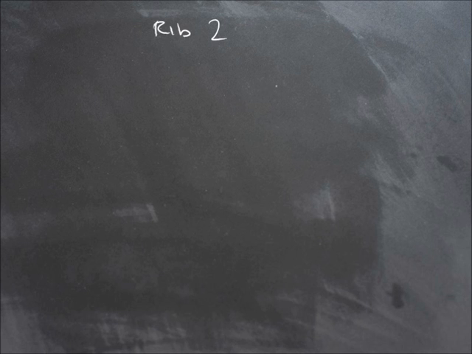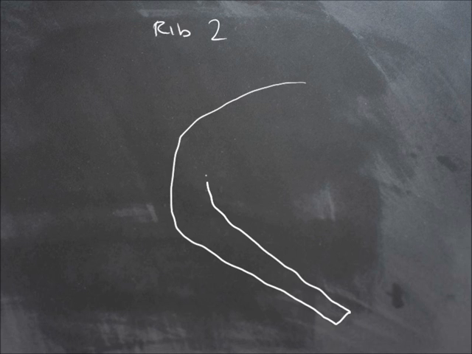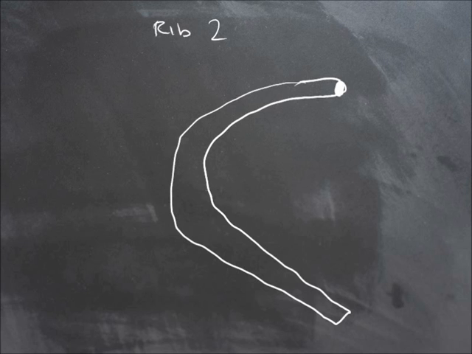Okay, again, posterior is here, anterior is here. We've got another single demifacet for that costocorporeal joint. We have a single tubercle.